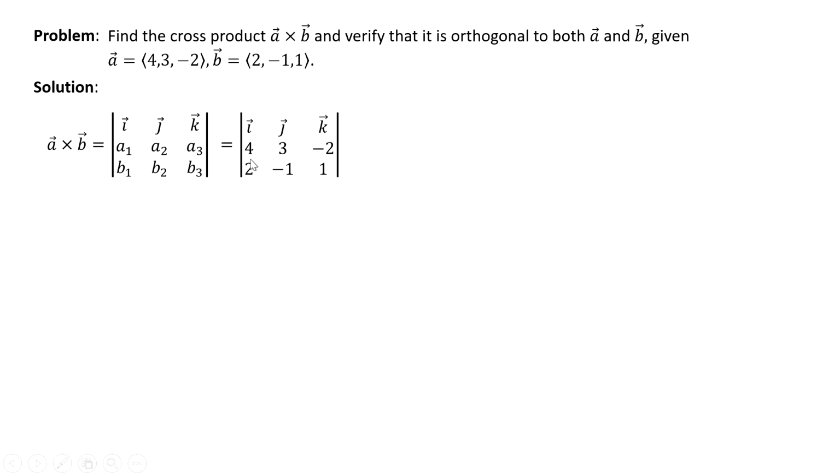First column is i, 4, 2; second column is j, 3, negative 1; third column is this. And we'll expand about the first row. What does that mean? We'll say i times that vector times something. What is that something?